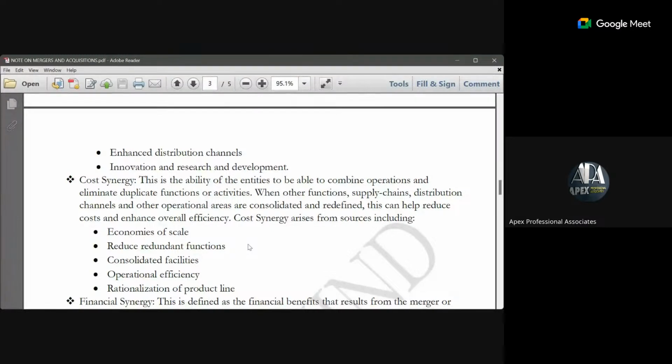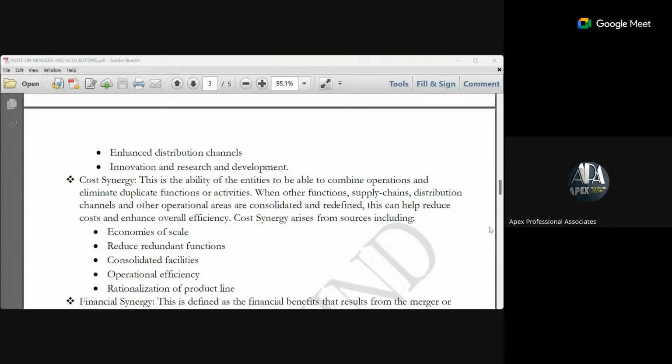So when they come together, it becomes only one department for the tellers now. So they merge their activities together in order to ensure that there's cost reduction and they still maintain their standard of operation.